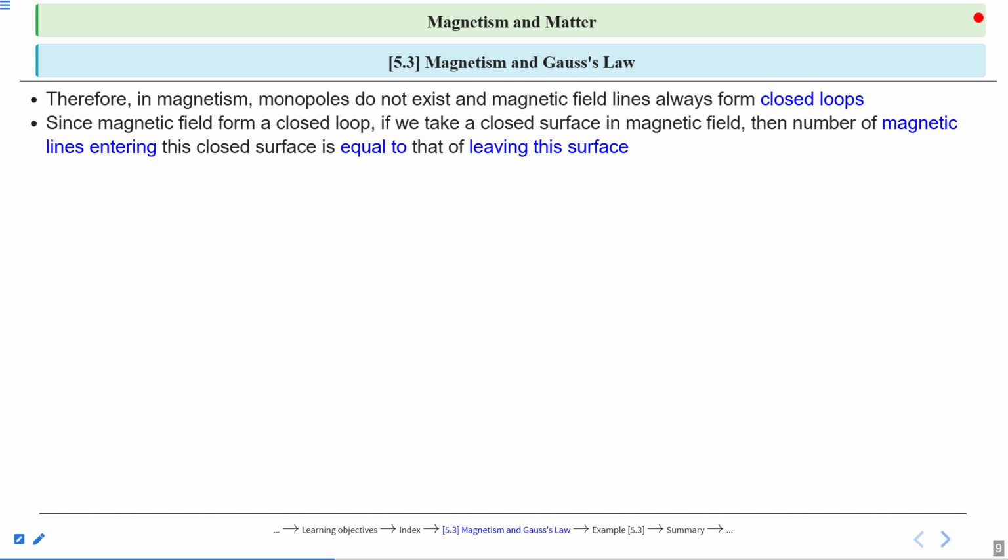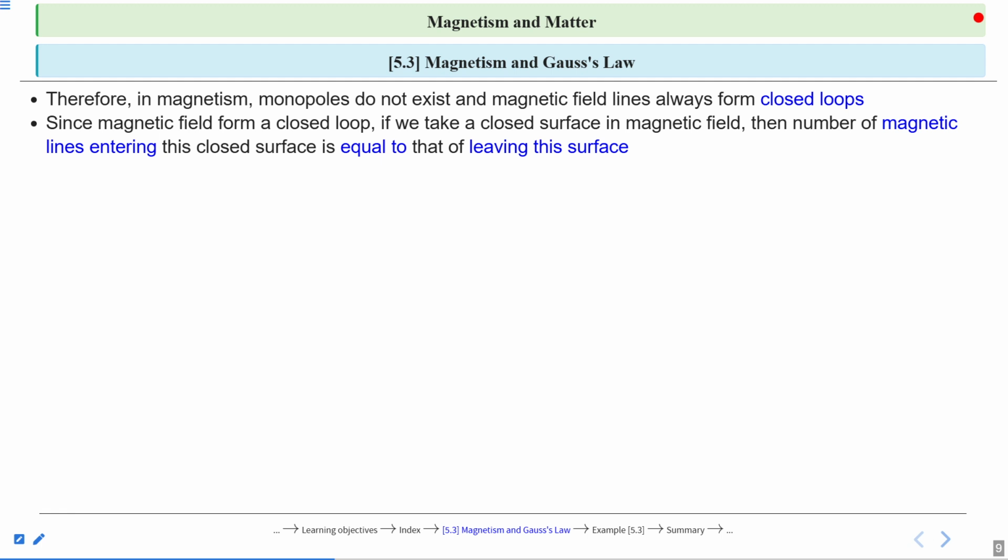Or we can say monopoles do not exist, that's why magnetic field lines form closed loops. This is understood: if we place an isolated charge in a closed surface, and the charge is positive, there will be outward flux. If the charge is negative, there will be inward flux. So the net flux is there; it is not 0. But we cannot place only one pole inside the closed surface.